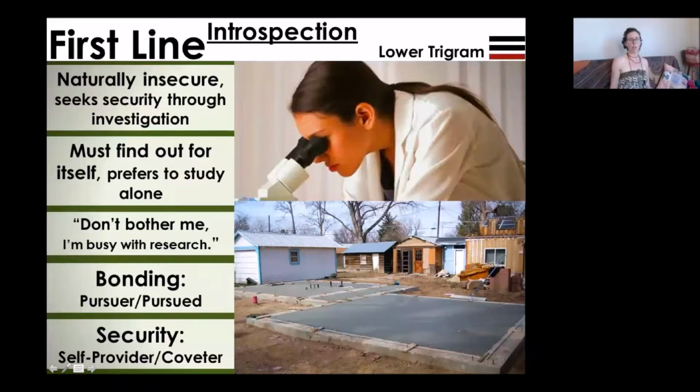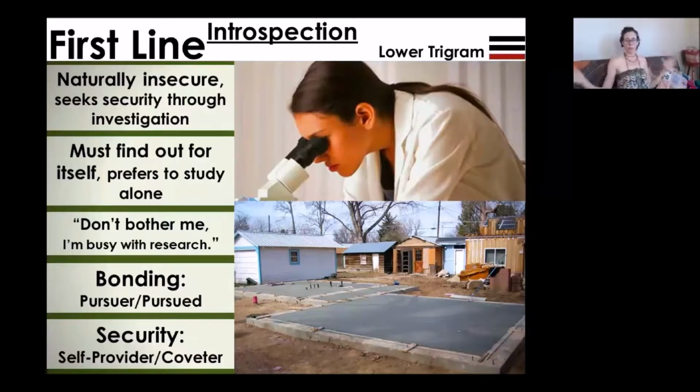I'll explain that again at the end so you can understand how that works. But for example, the bonding strategy for the first line is pursuer and pursued. They like to play that game of pursuing someone or being pursued. That's what's going to help them connect with someone.